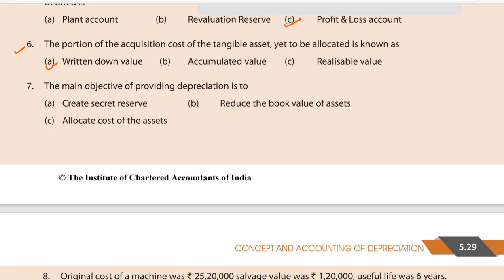The answer is C. Allocate cost of the assets. The objective is not to create secret reserve or reduce the book value of asset. These are not the objectives. The objective for providing depreciation is to allocate cost of the asset.